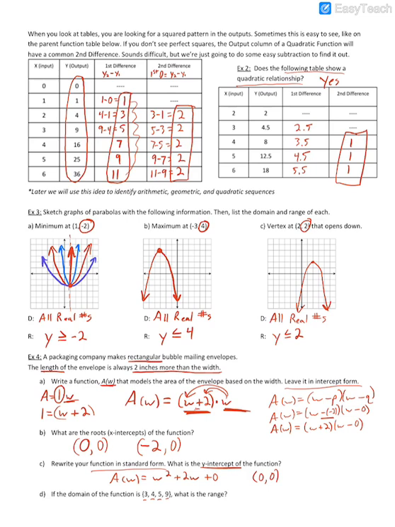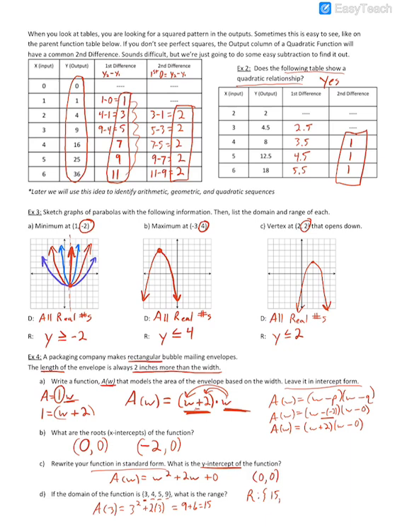So if it's a 3-inch envelope, we can take that 3 and plug it in. We'll say A of 3, which is going to give me 3 squared plus 2 times 3, and that's going to be 9 plus 6, which is 15. So when I find my range, it's going to be starting at 15, okay?